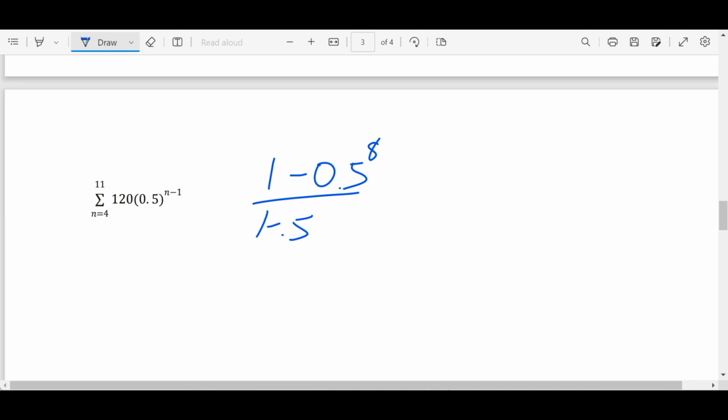What is your a1 in this case? Since it's 4 on the bottom, if we put 4 into here, whatever that output is will be our first term. And when you do that, you get 15. So whatever that gets you will be your partial sum, which gets you approximately 29.88.